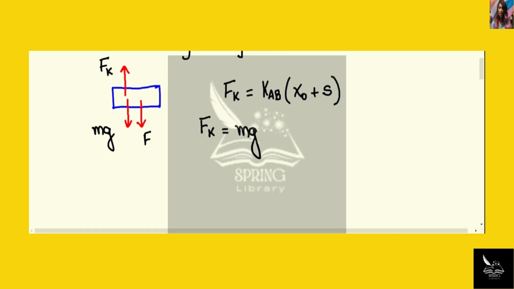That is the initial position before the force F acts on the system, when the gravitational force perfectly compensates the elastic force. So we have Kab x0 is equal to mg.